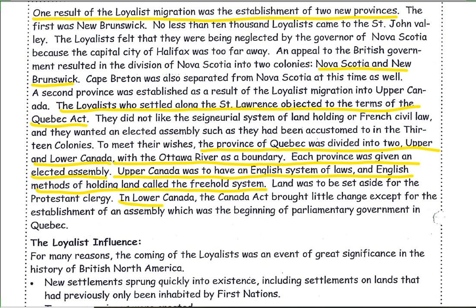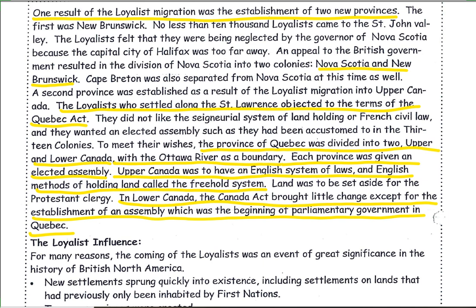In Lower Canada, the Canada Act brought little change except for the establishment of an assembly, which was the beginning of parliamentary government in Quebec. So, basically, along the Ottawa River, they said north of the river is going to be Upper Canada, south of the river, Lower Canada.